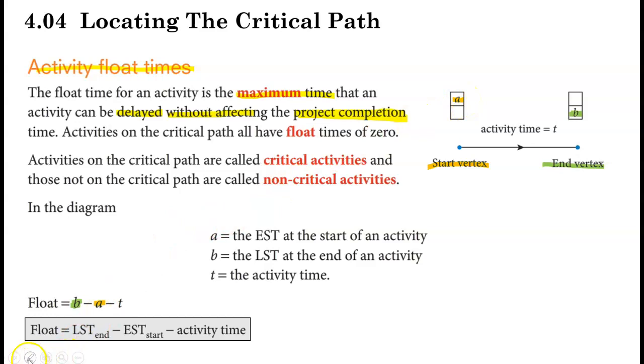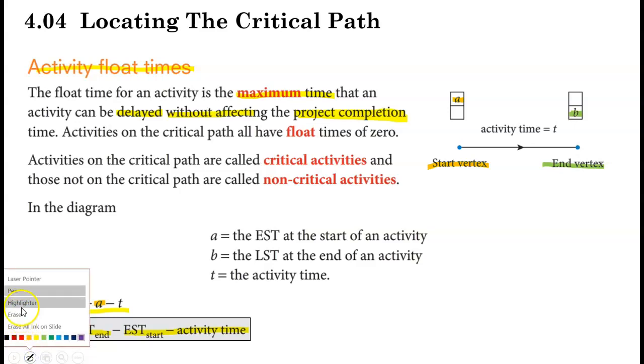So the whole process of getting the float is LST minus EST minus T. So float means LST for the end activity minus the EST start and then minus the activity time. Right?